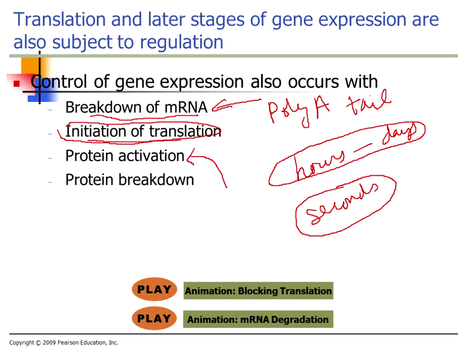And finally, even after you have made protein and it is active, you could still exercise control over how much protein you have by having things break down. If the protein is subject to degradation within the cell, then it may be active only for a little time and then it breaks down. So that's another level of control that the cell exercises.